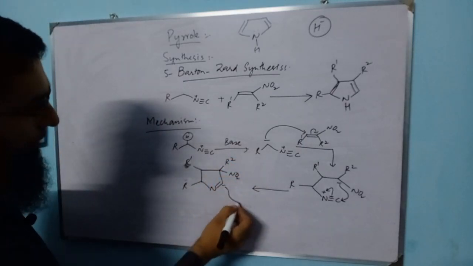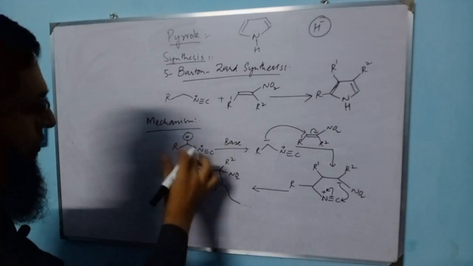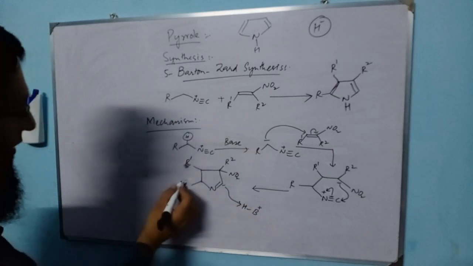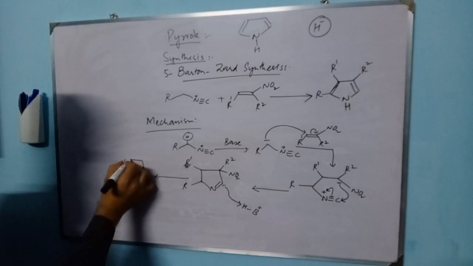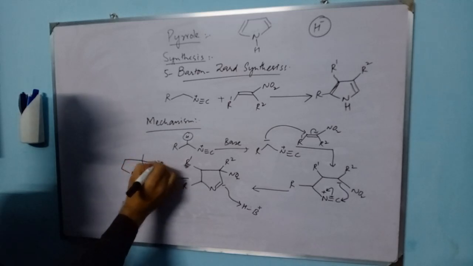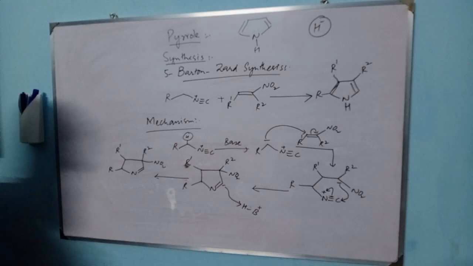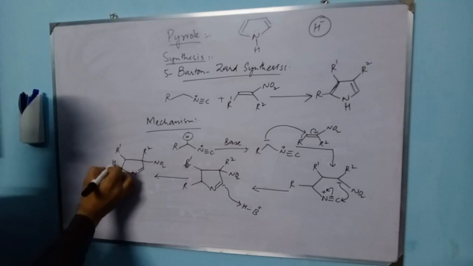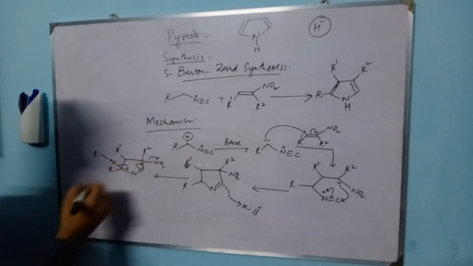In the next step, the base which took proton from isonitrile, this proton would be abstracted again by this carbanion, and we will get this molecule, and now base will again take this proton, this bond would shift here, this would shift here, and nitro would be removed.